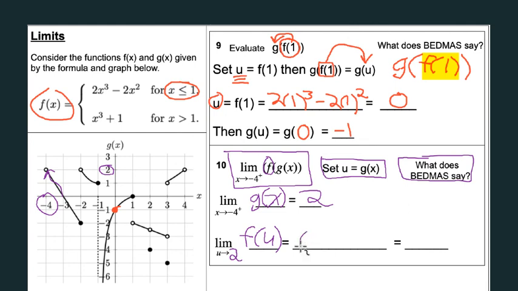So it's going to be brackets cubed plus 1, and what goes in the bracket? 2. 2 cubed is 8, plus 1 is 9. Okay, so hopefully by now you're getting the pattern here that you start with the inside, you move to the outside. You do the limit of the inside, you do the limit of the outside. Always changing variables from x to u. Okay, folks, so that's composition of functions with limits.